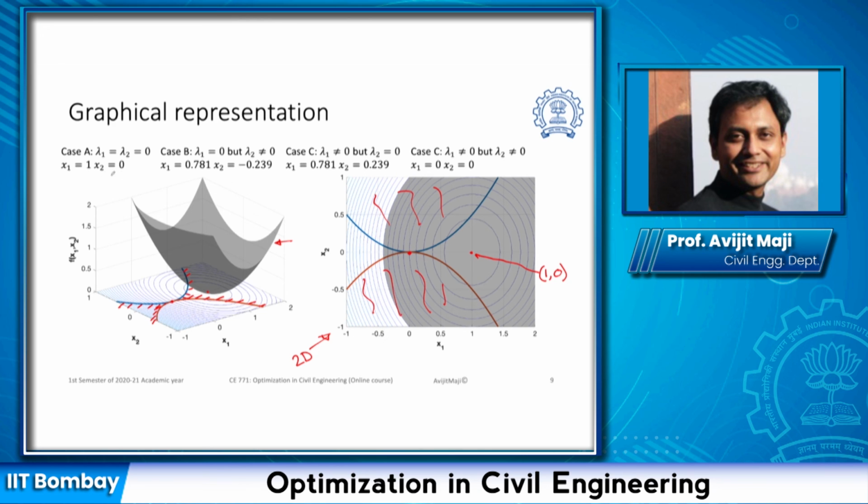So in case A, we said both constraints are inactive. When we say both constraints are inactive, it means my constraint 1 and constraint 2 have no effect on the solution.